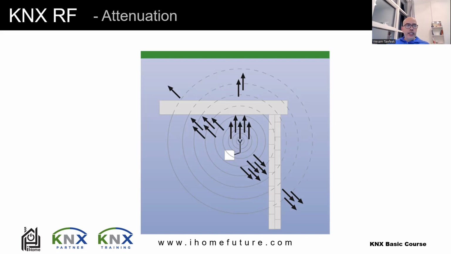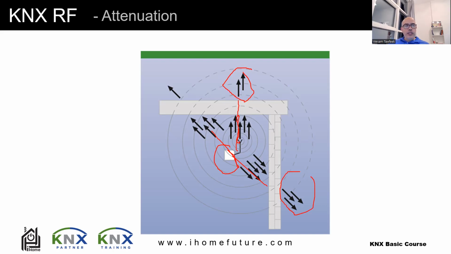So let's see here. As you can see, this is the source, a device with the antenna, and it's sending wireless telegrams in different directions. Once the telegrams pass through this one, the signal dropped apparently higher than it dropped here. Here it dropped a bit, but here it dropped more. Why?